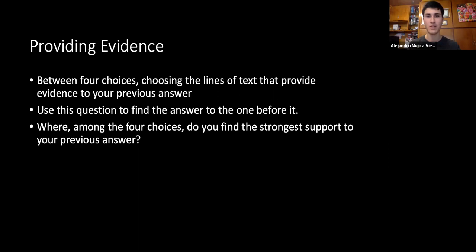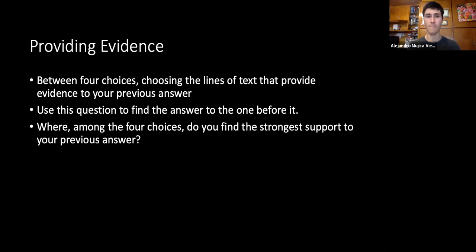Does that make sense? So when you tell that this question is there, you can use it to solve the previous one, because you have 4 choices where you'll find your answer to the previous question. Does that make sense?